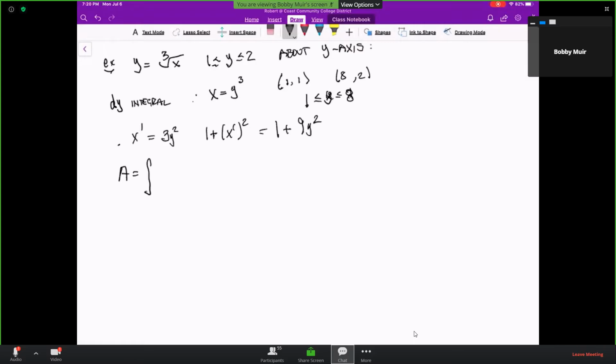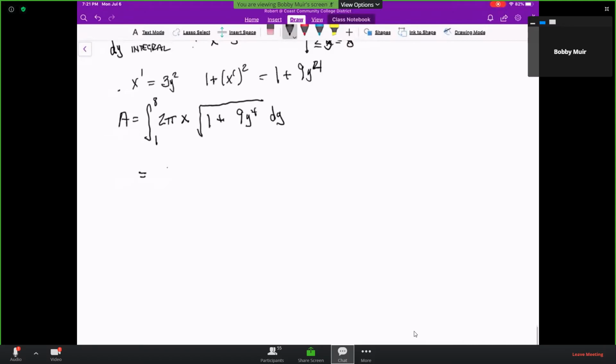So this is y goes from 1 to 8, 2 pi. Okay, now since we're going around the y-axis, the x goes right there. Okay, and then it's going to be the square root of 1 plus, this is 9y to the 4th, by the way, 1 plus 9y to the fourth, then dy.